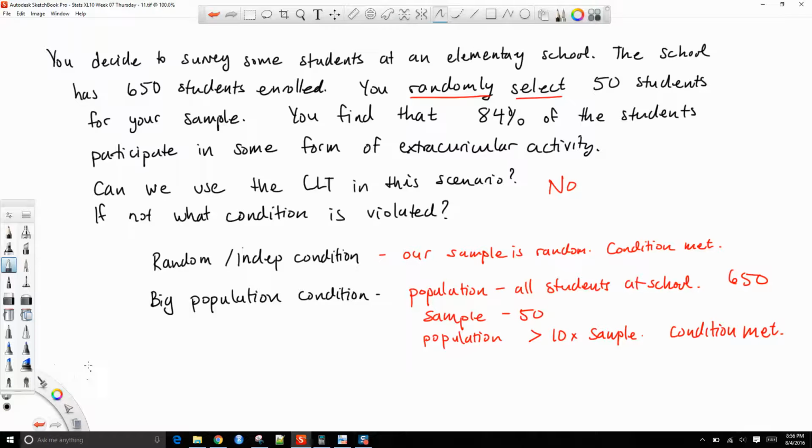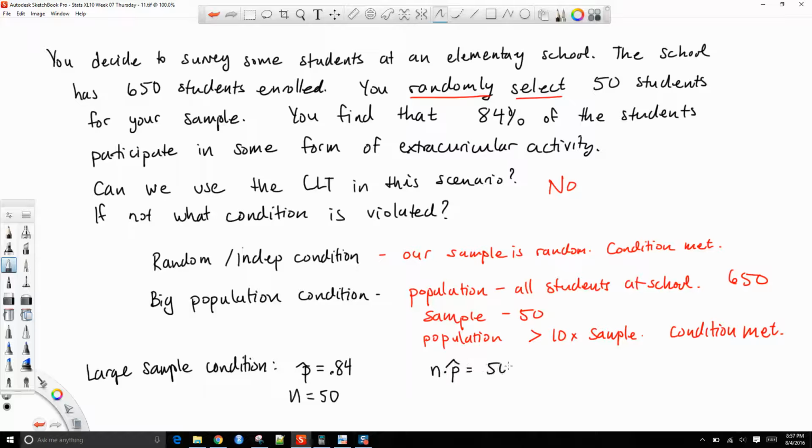Okay, let's take a look at the large sample condition. Here it says 84% of the students participate in some extracurricular activity. So here our P is 0.84. This is technically a P hat. And we have N is equal to 50, okay? So we got to check N times P, or in this case, N times P hat, okay?